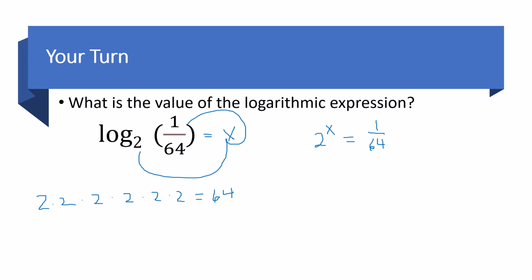Double check that on your calculator. So this is 2 to the 1, 2, 3, 4, 5, 6 power gives us 64. To turn that into 1 over 64, we need to make this 2 to the negative 6. So x is equal to negative 6.